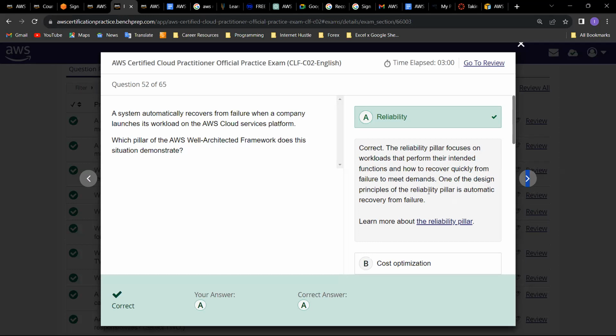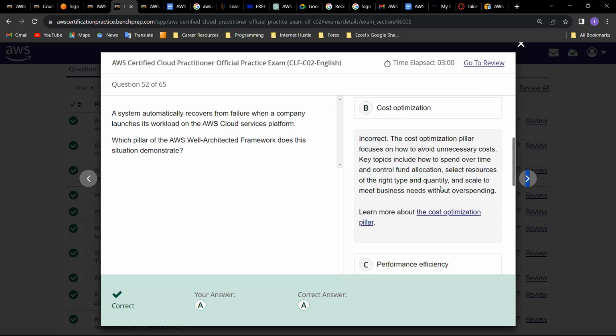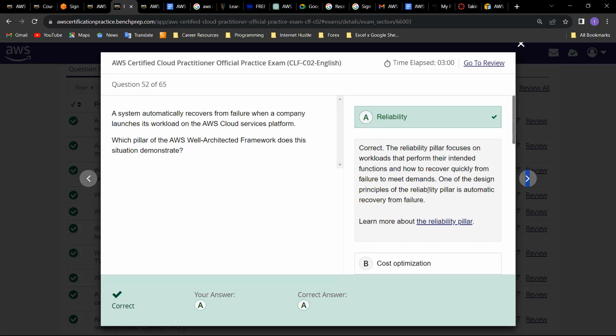So one of the design principles of the reliability pillar is automatic recovery from failure. Yeah, that's where we debated. We asked if there was high availability, and then we said that high availability, reliability, and fault tolerance are all part of the reliability pillar.